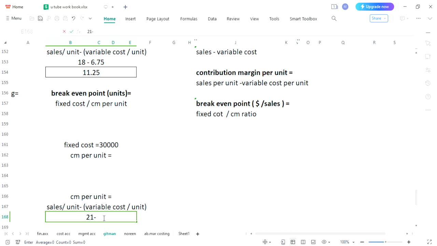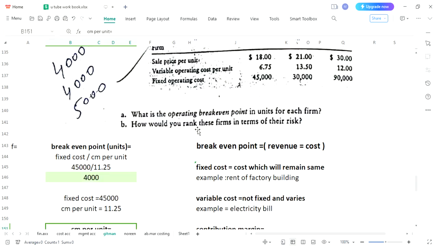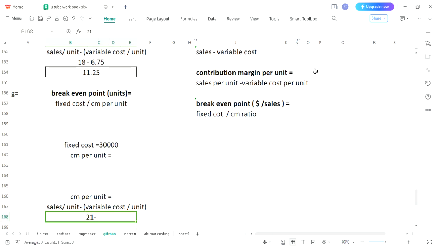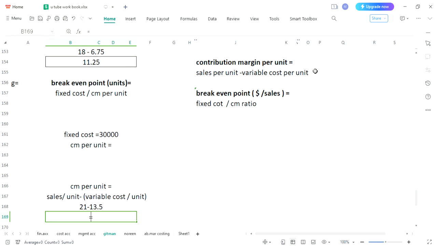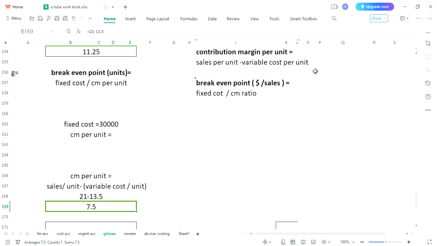Minus is the sign, minus variable cost per unit. So for firm G, variable cost is 13.50. Put over here 13.5. The statement has been completed. Now you can put it on your calculator. 21 minus 13.5. So we have got our answer for CM per unit. Let's highlight it. So this was the way with which you have calculated your CM per unit. Now you can place over here 7.5.